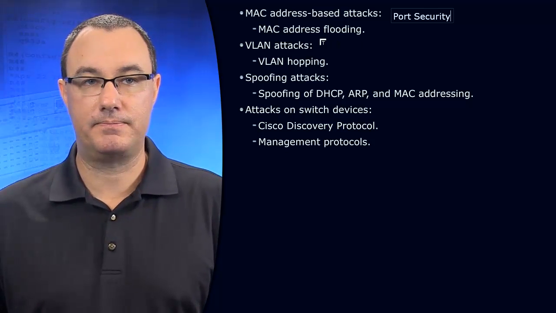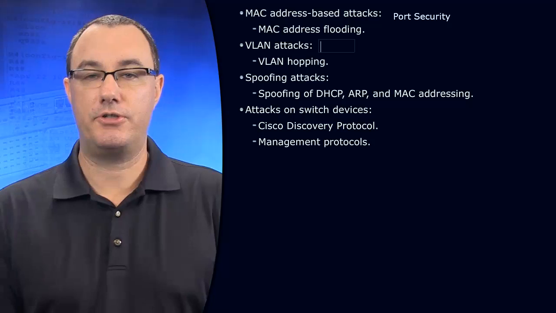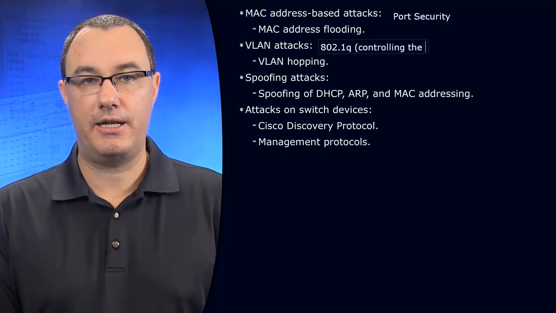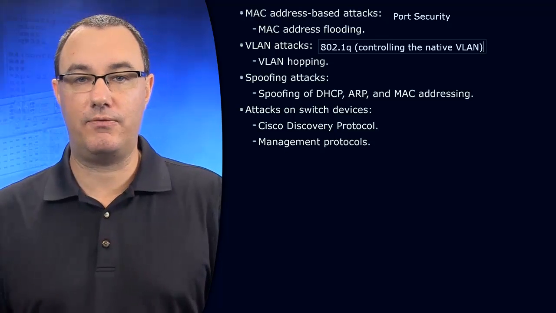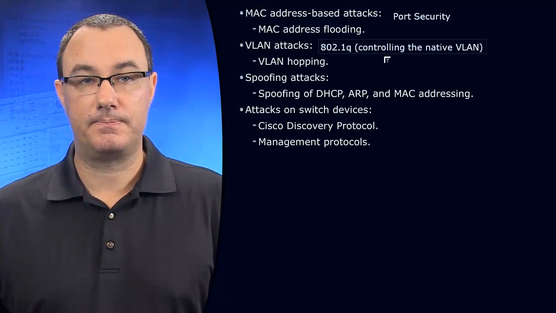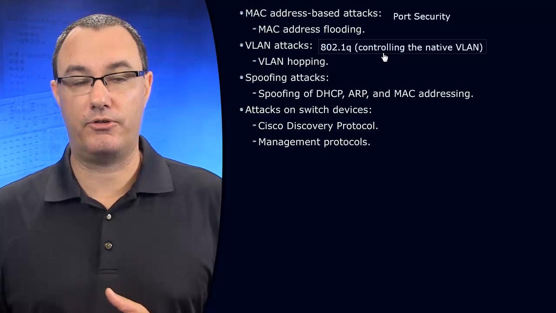VLAN hopping. VLAN hopping is generally part of 802.1q trunking. So the first thing is controlling the native VLAN. Don't let people plug into the native VLAN that you also use as the untagged VLAN across your trunk ports.